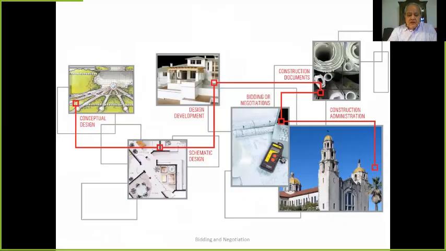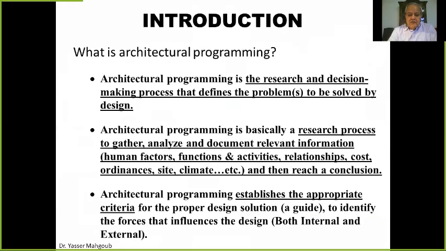So the cycle of work, the first part of it, in order to reach the end, is the programming. During programming, we search for decisions based on the problems that we find. Problems can be in the site, can be in the requirements, can be in the schedule, can be in the budget.